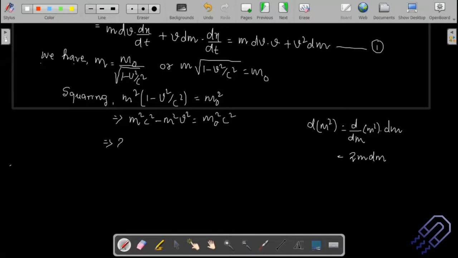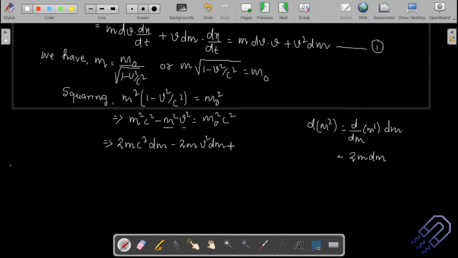So I'll be writing it down as 2m, c square is outside, and then minus, now this again is a part where m and v both are there, so I'm going to differentiate this separately. There is a minus, I'm going to take that minus. First let me differentiate with respect to m. With respect to m, it will be 2m dm v square, so v square is there.